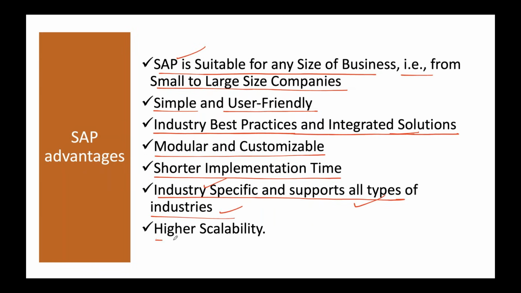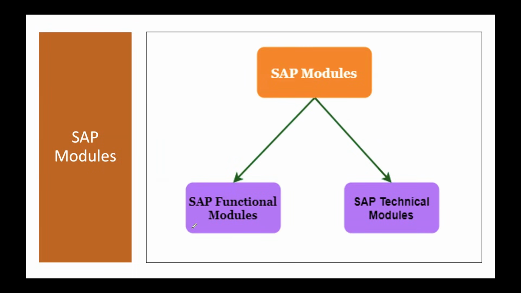And higher scalability: as per your current organization needs, you can increase the data in the system. So these are the reasons due to which SAP has become the number one ERP in the world when compared with other ERPs.